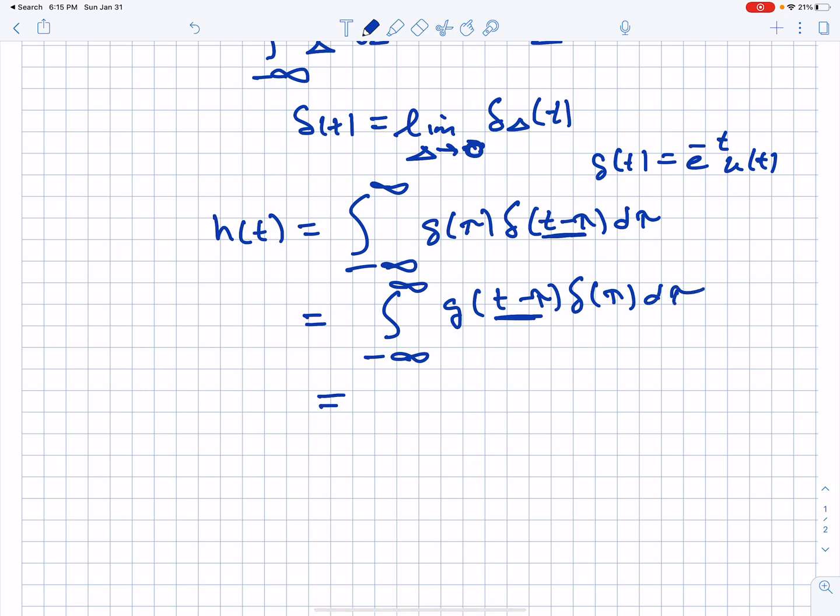Okay, so now when you do this integral, delta is 0 everywhere except at tau equals 0. Okay, so you plug in tau equals 0, and you get back the answer is 1 times g of t minus tau at tau equals 0, which is g of t.